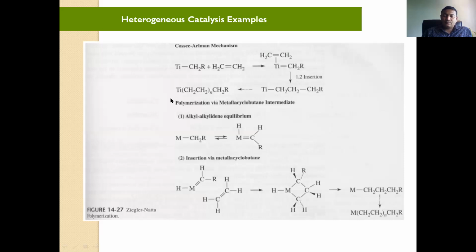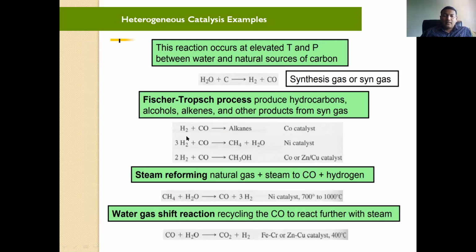See here in the second method, using this water gas, we can prepare hydrocarbons, alcohols, alkenes and other products, and ammonia also. This water gas is known as synthesis gas, right? Because it helps to synthesize so many compounds.